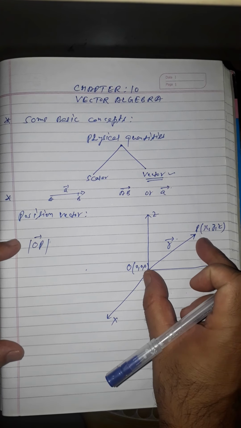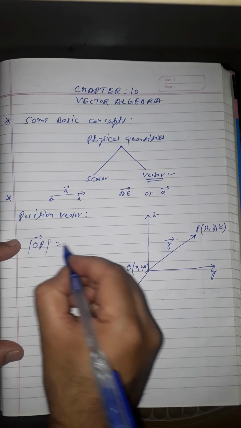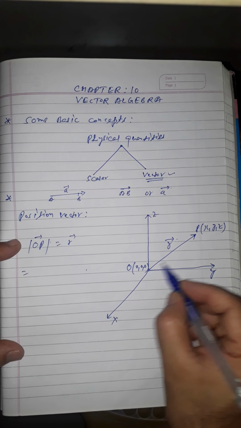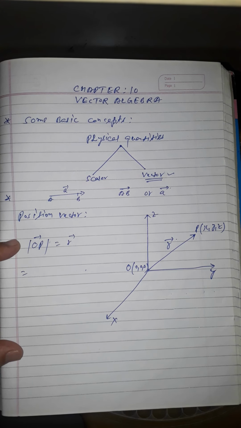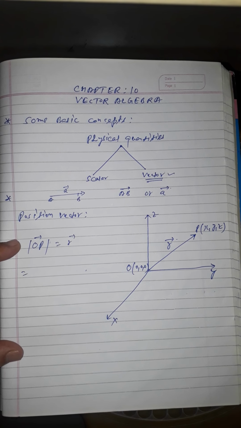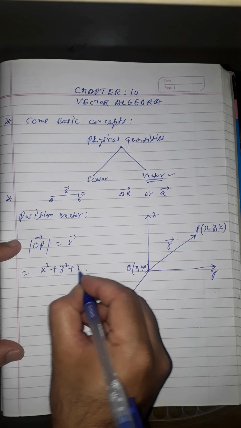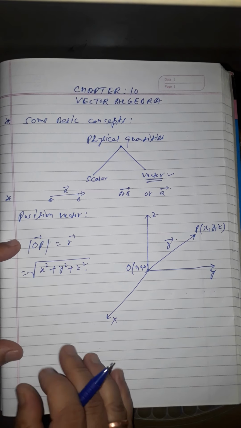This is the magnitude, equal to r. Because we are taking the coordinates x, y, z with respect to the origin 0, 0, 0, the magnitude of OP will be equal to the square root of x square plus y square plus z square.